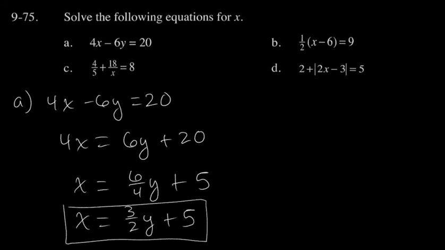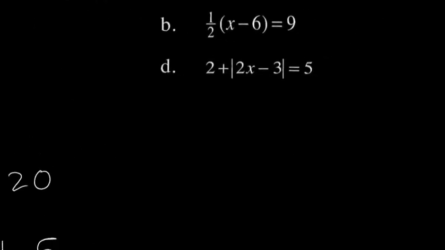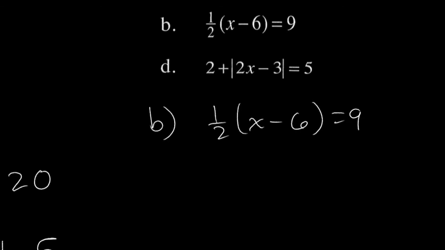Let's do B. So B has this 1/2. If I look at the big picture right now, there's only a single term on each side, right? The left-hand side is nothing more than the product of a half and something else, and I just see it as a product.